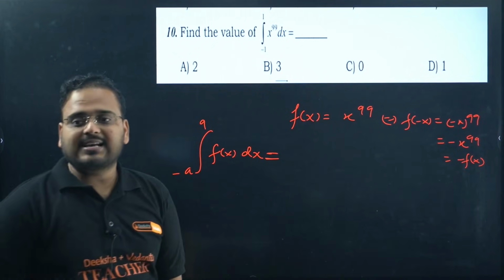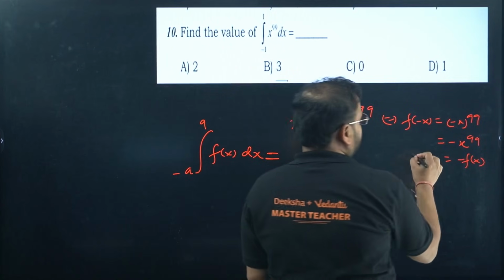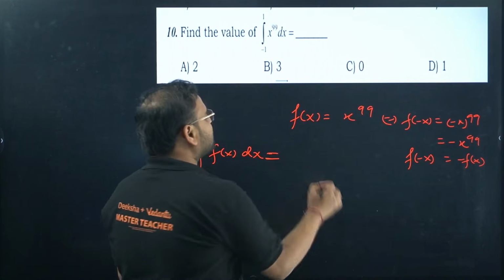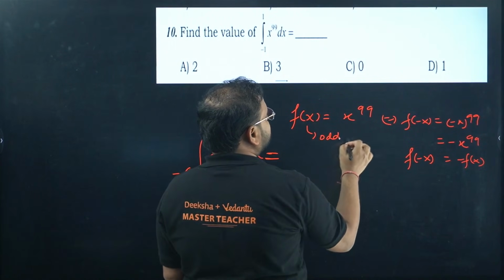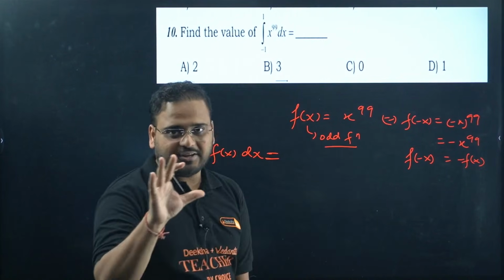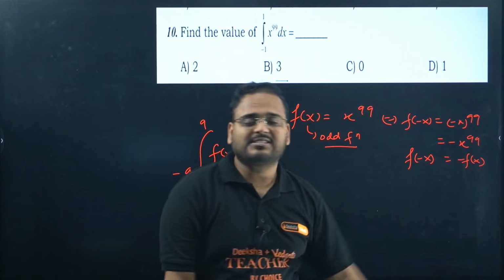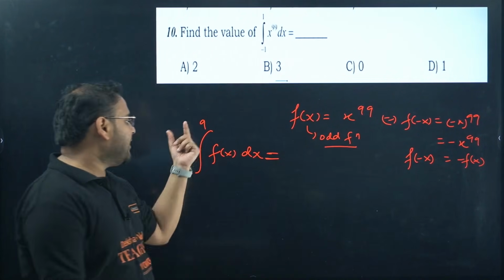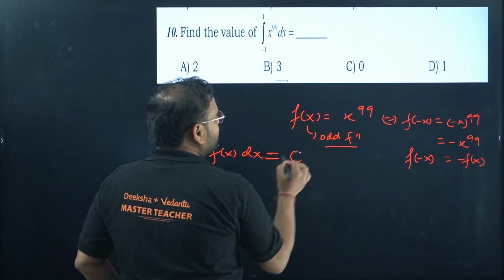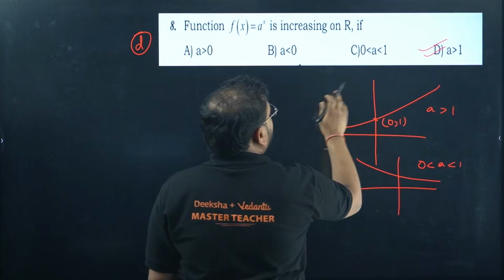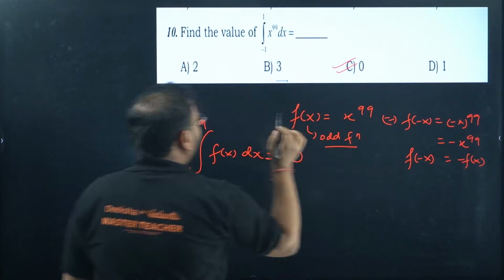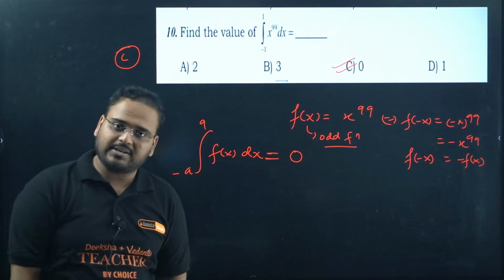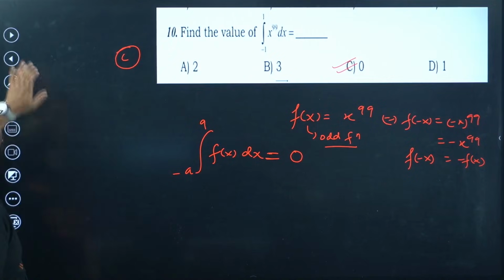So f of minus x is equal to minus f(x), means the function f(x) is odd function. Right now, definition is there, right? So what do you get over here? Please check, minus a to a f(x) dx will be 0. Option C is the right choice. For odd function, the integral from minus a to a is always 0. Next, 11th one.